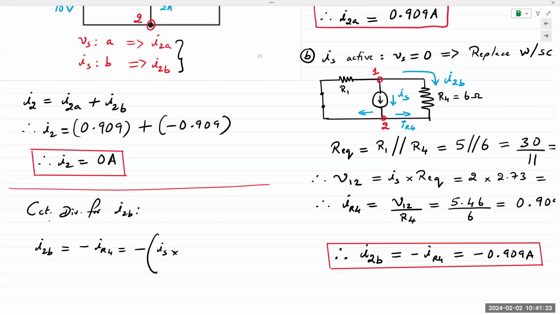Current division principle is the fraction of the current source IS flows through that path, and the fraction is given by REQ divided by R4. And so I2B would be minus 2 times REQ.